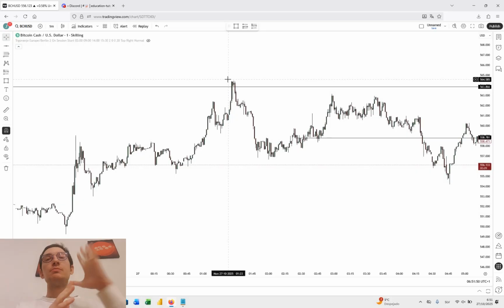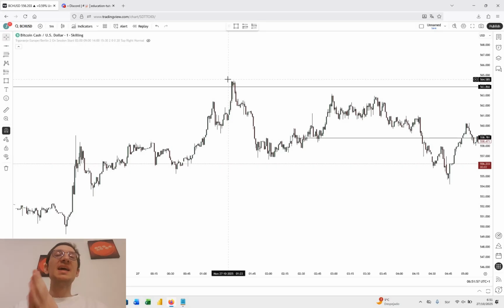So if we are bullish on 5-minute, we are then waiting to get bullish on 1 minute. And then when we get bullish, we put our stop loss below the order block, because if the price goes through the order block, we already know that order block is not valid anymore, and this is where our trade goes bad.